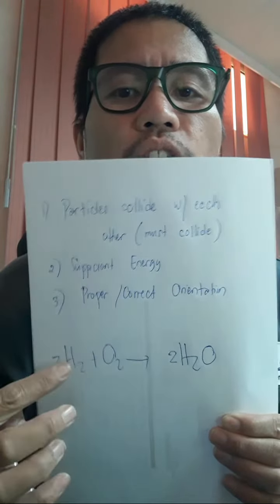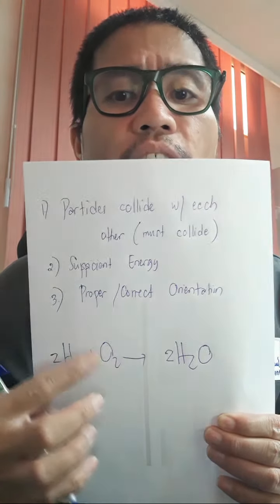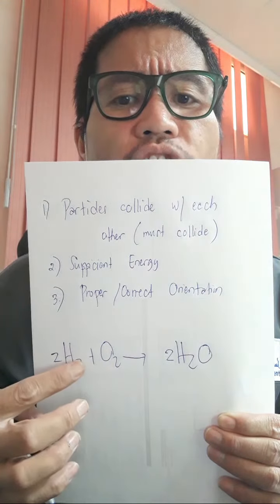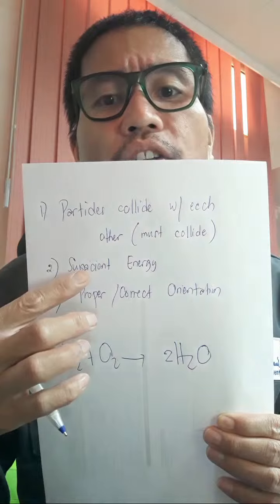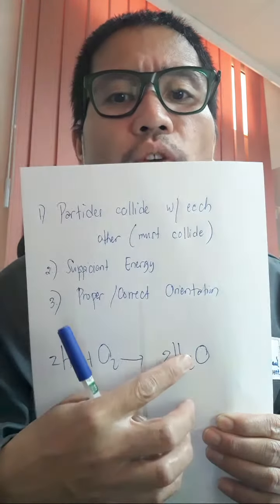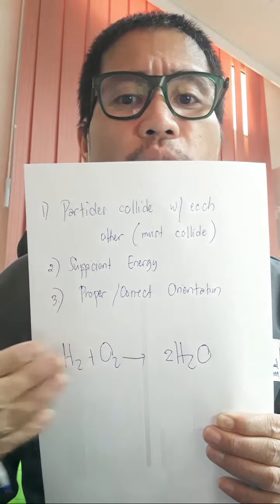So these hydrogen gas molecules will collide with oxygen gas molecules, right? And then they have proper and correct orientation aside from the sufficient energy before it will produce a water molecule. So these are the three requirements in order for a chemical reaction to proceed.